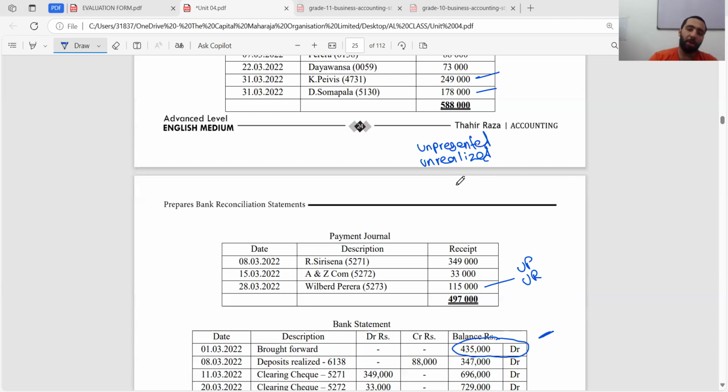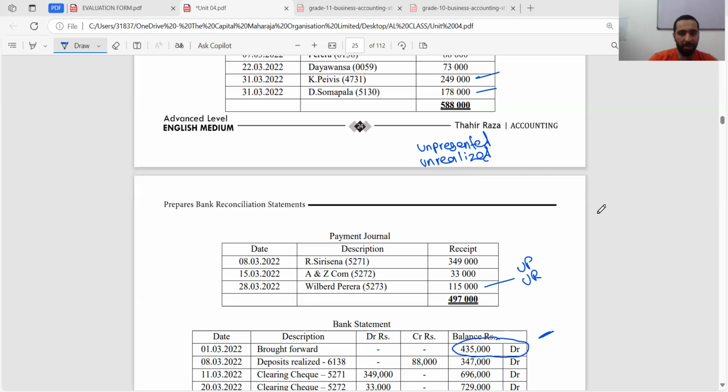Yes, very good. Ziana has given the answer. What about Ashini and Rizma? Is this unpresented or unrealized? Yes, very good. Rizma has also given the answer.